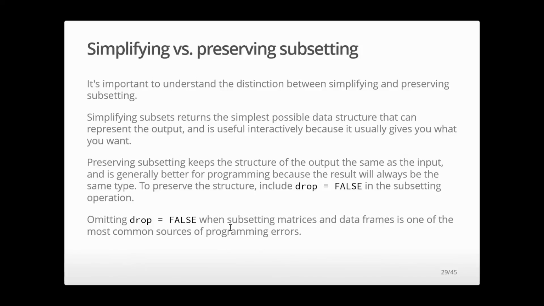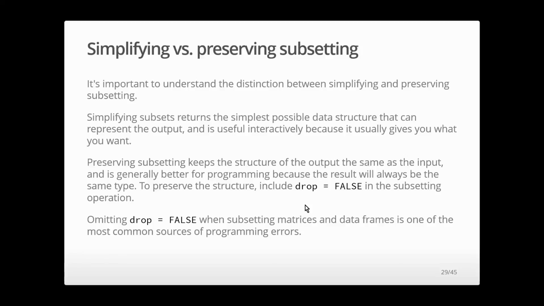All right, and so in general, a lot of times things get simplified into an easier structure, okay? Whereas if you use this thing called drop equals FALSE, it's going to try to preserve the structure of the object itself, okay?